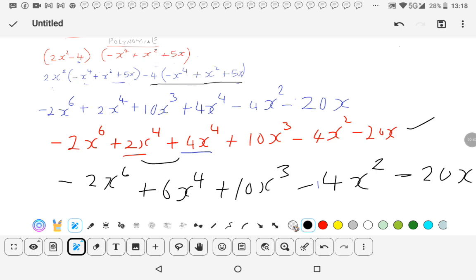After doing so, you check and observe if there are terms that have the same power. If you have terms that have the same power, then you can add or subtract them depending on the sign the terms have.